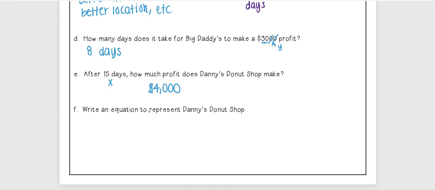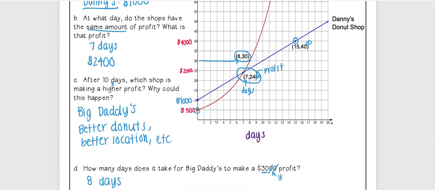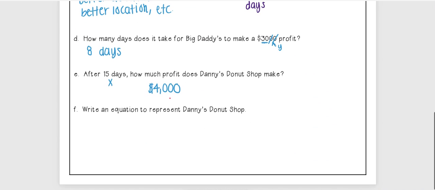Okay, and then just to get some extra practice, this is first semester stuff. I want to write an equation to represent Danny's Donut Shop. It's a linear equation. I already have some points here, so recall that's y equals mx plus b. So I need to first find my slope, and then I need to find my y-intercept.